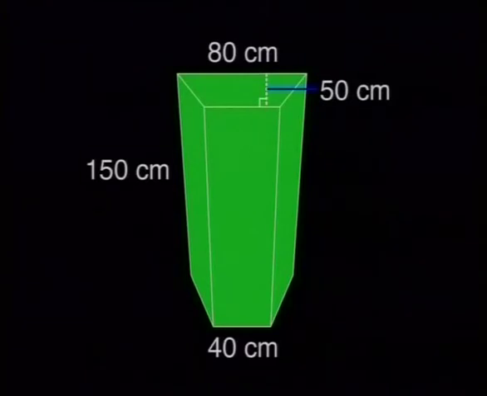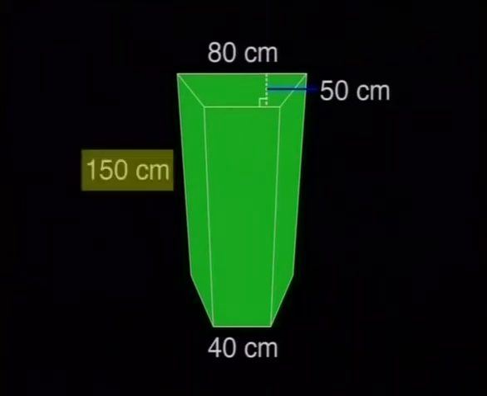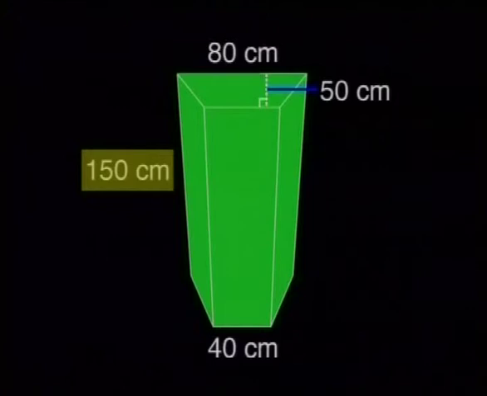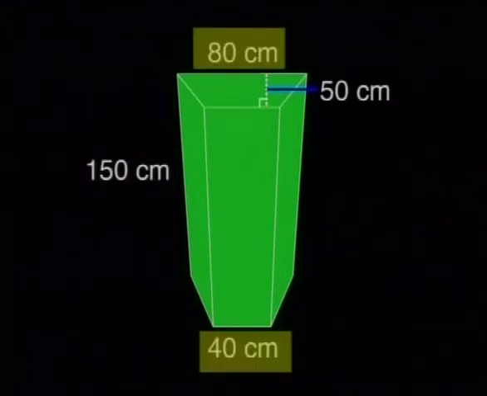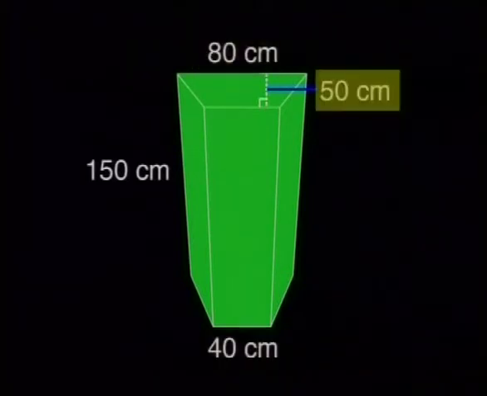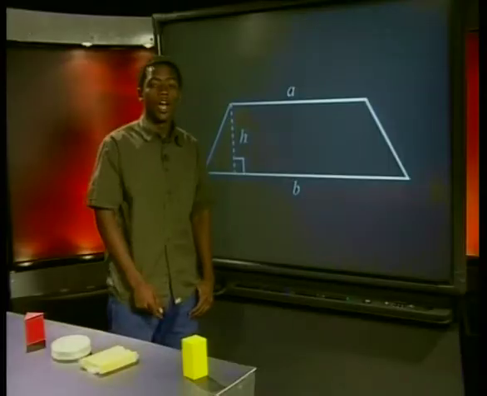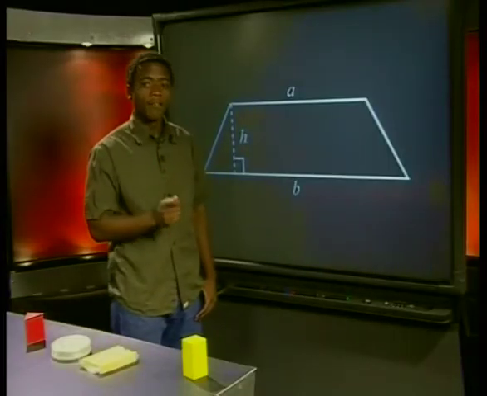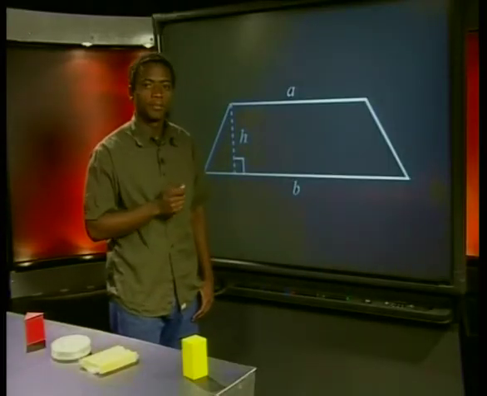We can see that the prism has a height of 150 centimeters. We can also see the dimensions of the base trapezium. Its parallel sides measure 80 centimeters and 40 centimeters, and its perpendicular height is 50 centimeters. Do you remember the formula for area of a trapezium?